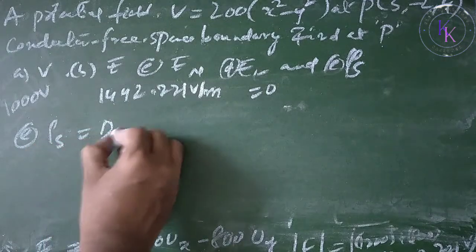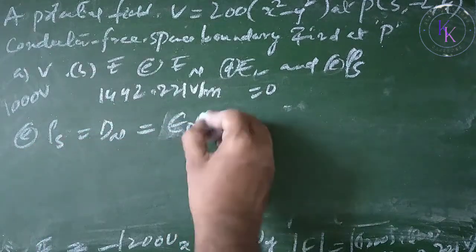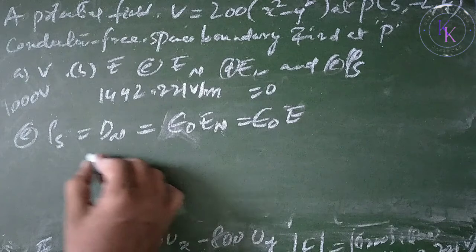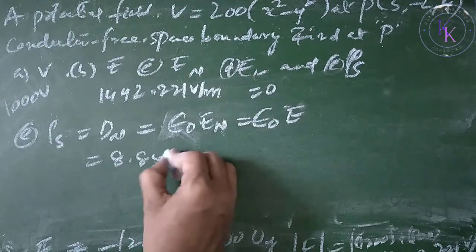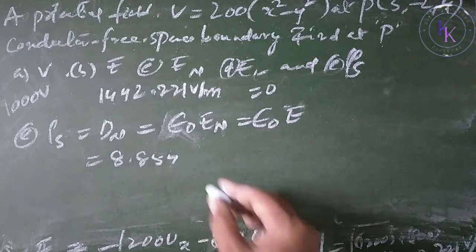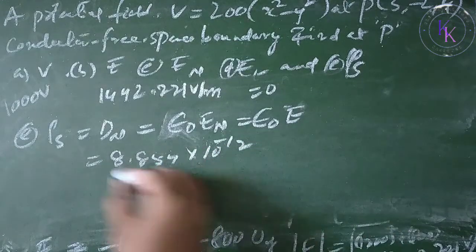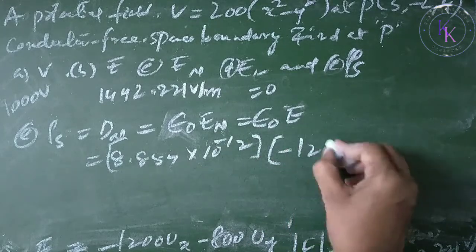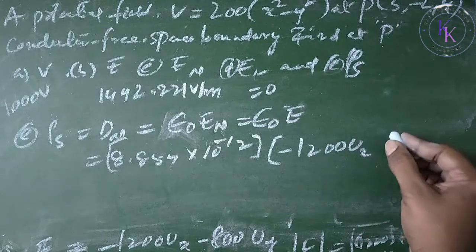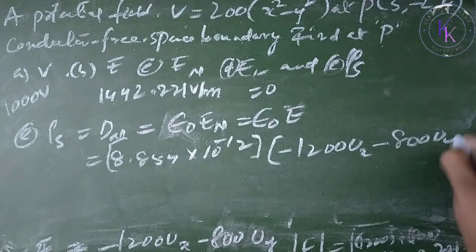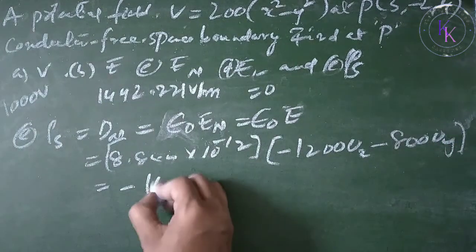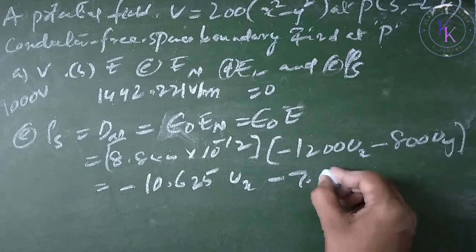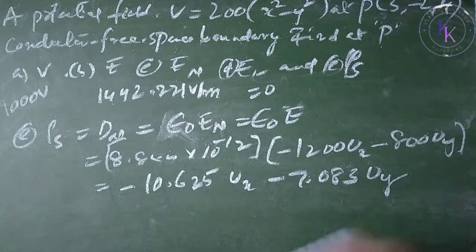Rho S equals Dn, which is epsilon naught En, epsilon naught E. In vector form, epsilon naught is 8.854 into 10 power minus 12 times minus 1200 Ux minus 800 Uy, which gives minus 10.625 Ux minus 7.083 Uy.